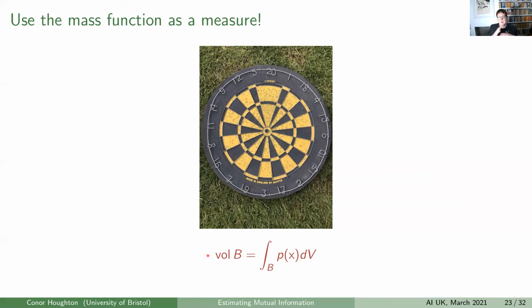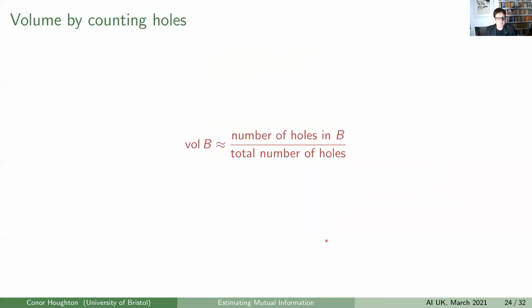So that satisfies all the rules or properties you might expect a measure of volume to have. And so the volume, we're going to use that, the volume of a region B now, is the probability mass of that region. And so we can actually estimate from the data the volume of a region just by counting the points, because the probability mass is the number of data points divided by the total number of data points in your sample, or in the case of the dartboard, the number of holes in the region divided by the total number of holes.